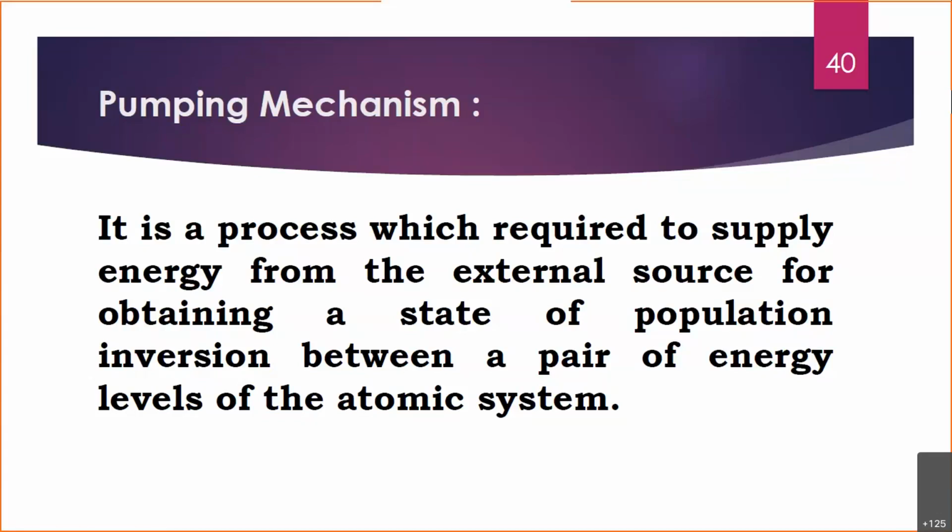Now what are the types of pumping? Which kind of pumping mechanism or methodology can we use, all such things we are going to discuss. But I hope by this time it is clear that if you want to achieve inversion, that means if you want to create the case of N2 larger than N1, then you need to provide the pumping. Let me move it further.